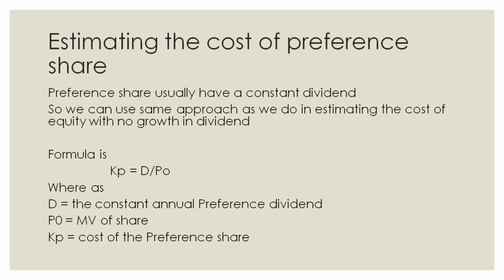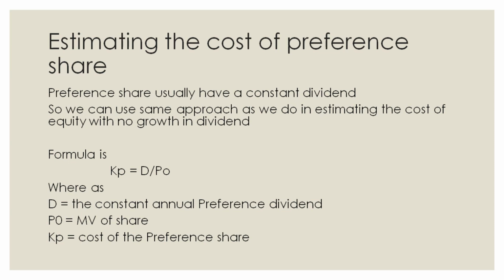Preference shares usually have a constant dividend. It means that the investors will receive a constant dividend. There will be no growth. So in this we can use the same approach which we use to calculate cost of equity when there is no growth.